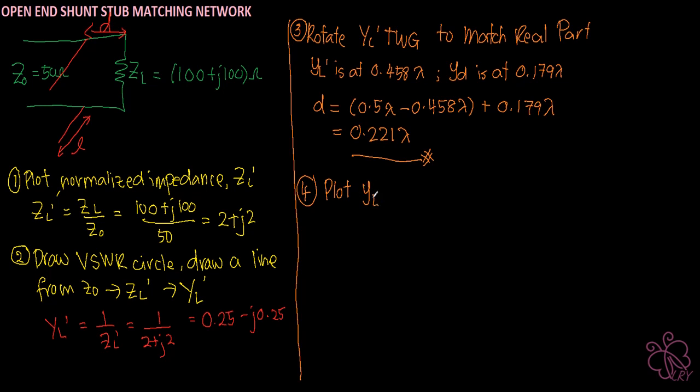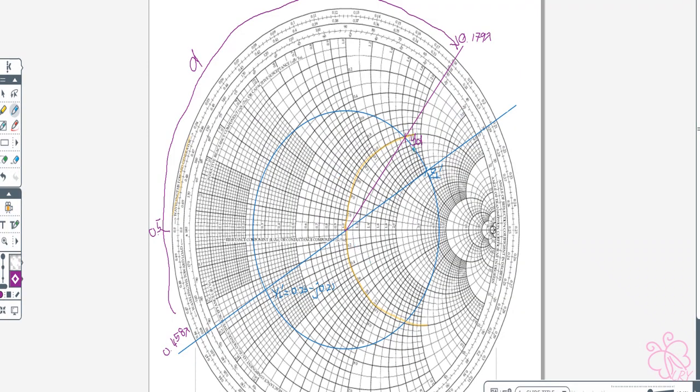You have to take Y total equals YD plus YL equals 1. So YD is here, so we have to identify the coordinate of YD.